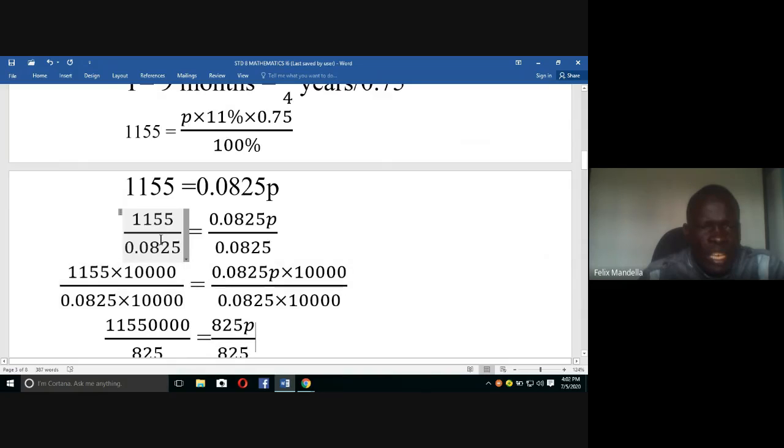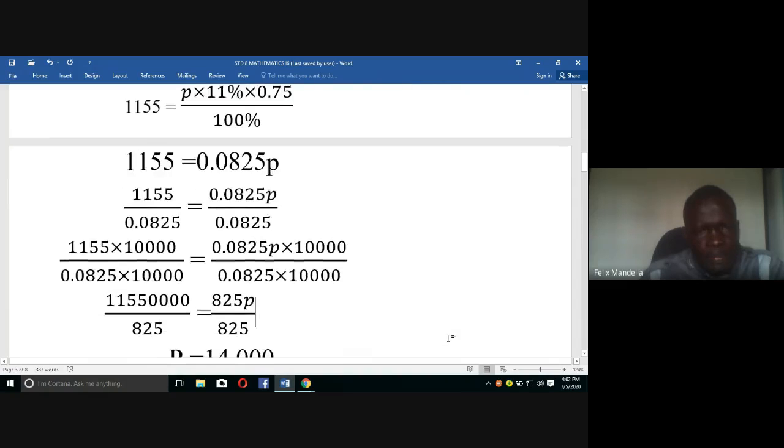If you remove the decimals, here we have how many decimal places? 1, 2, 3, 4. So we multiply by 10,000, both sides. What you do on the left is done on the right. So if you do that, we will have 11,550,000 over 825 is equal to 825 over 825.